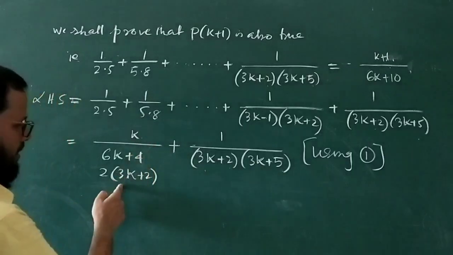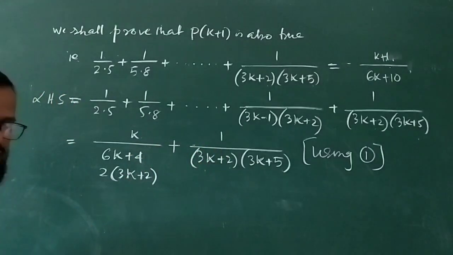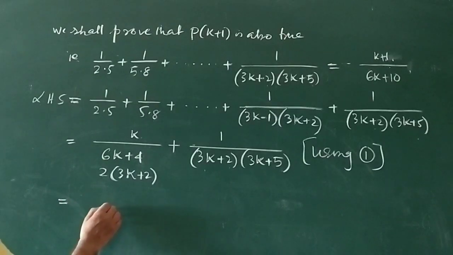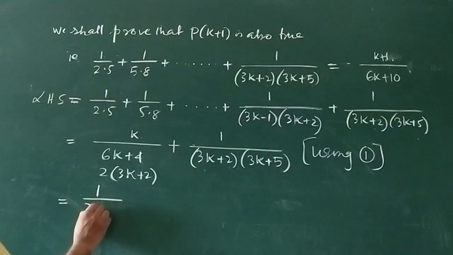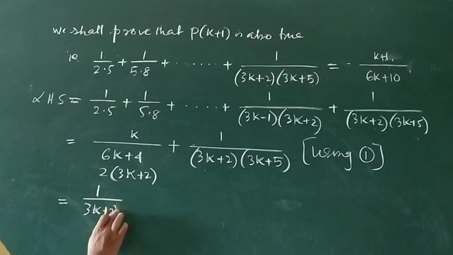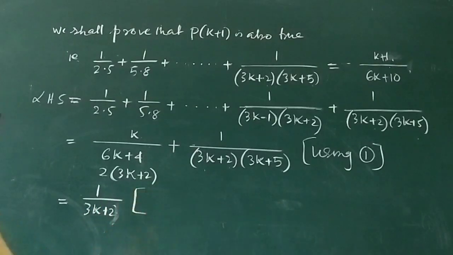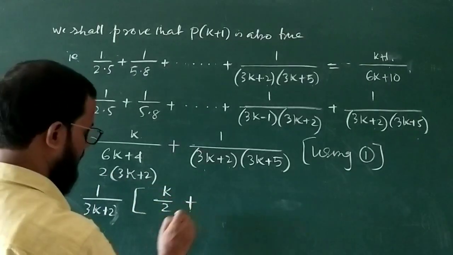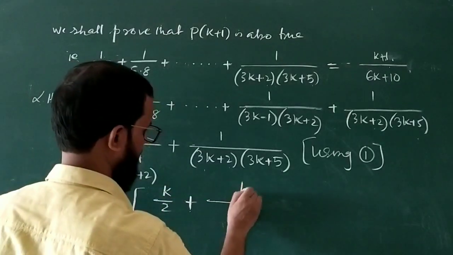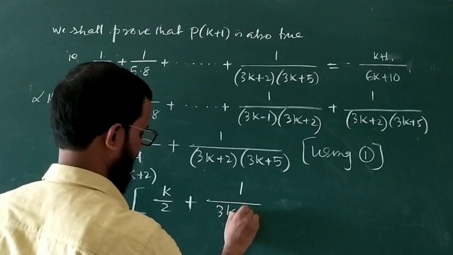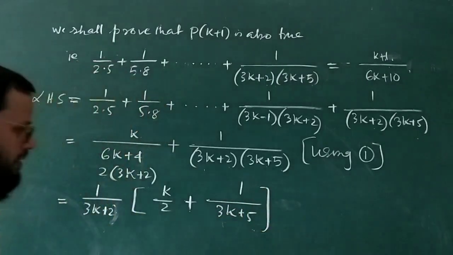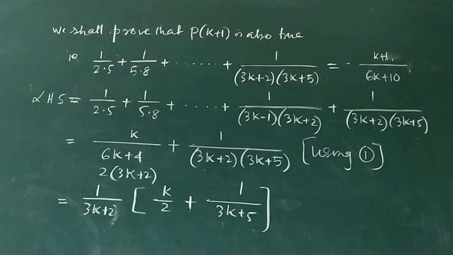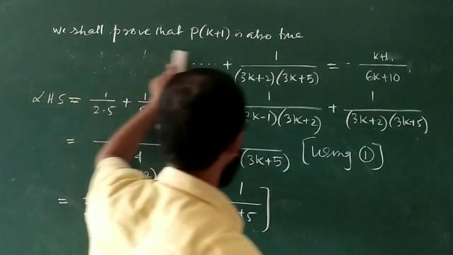So 1 by (3k plus 2) can be taken common, and what will remain here is k by 2, and here 1 by (3k plus 5). Now the LCM is to be taken and further calculation proceeded.